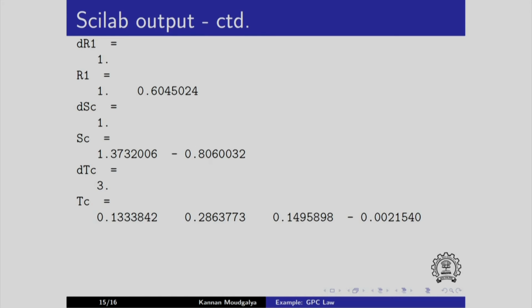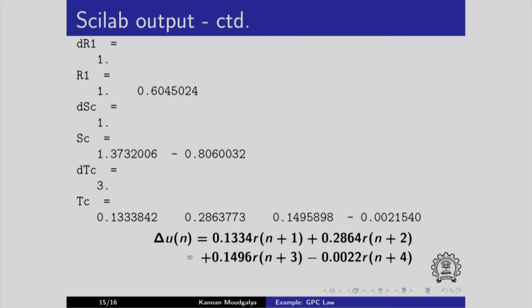Recall our 2DOF controller in terms of R, SC and TC, and here is the control law we derived when we worked out by hand, shown 3 slides ago. And note that the output from the Scilab code is in agreement with the expression here.